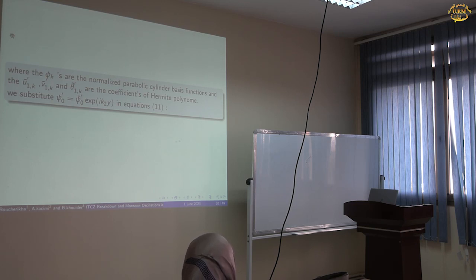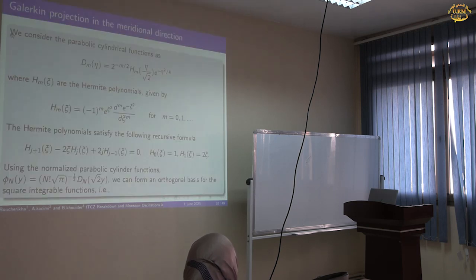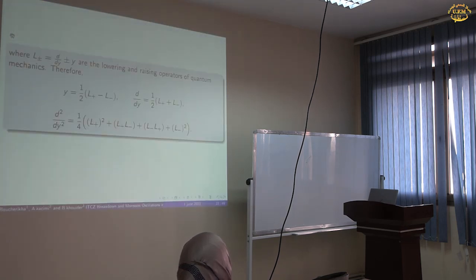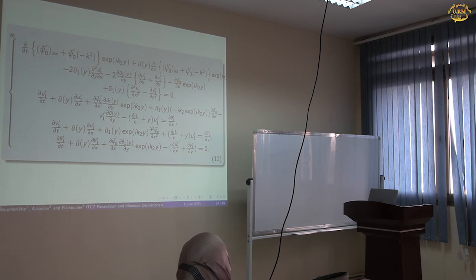Psi prime 0 equals psi prime exponential e to the power y in equation 11. And this is for the Galerkin projection. When we use the Galerkin projection, we found these equations.